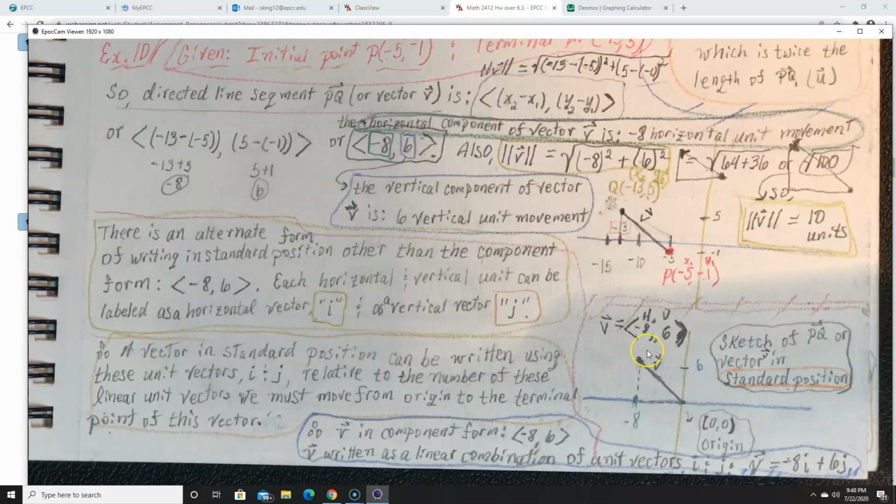And we have to understand, well, that means, where do I start? Well, that's just it. When it's in component form, that means you're starting at the origin. If you start at any other point, then you would say, okay, I want to start right here, and I'm going to move -8 horizontal units and 6 vertical units, and there is an equivalent vector or an equivalent directed line segment.